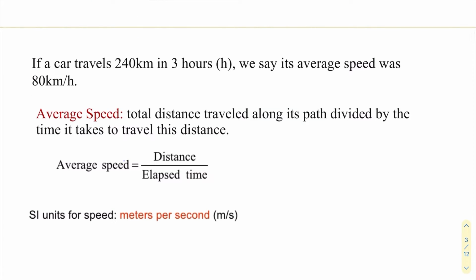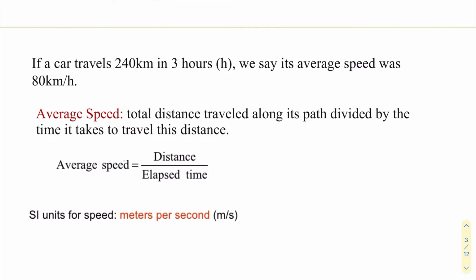So if a car travels 250 kilometers in 3 hours, we say its average speed was 80 kilometers per hour, because average speed is defined as total distance traveled divided by elapsed time or time interval.